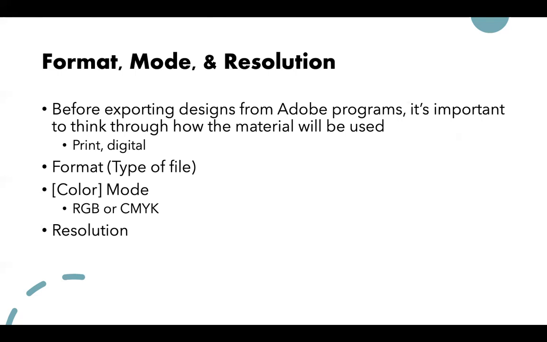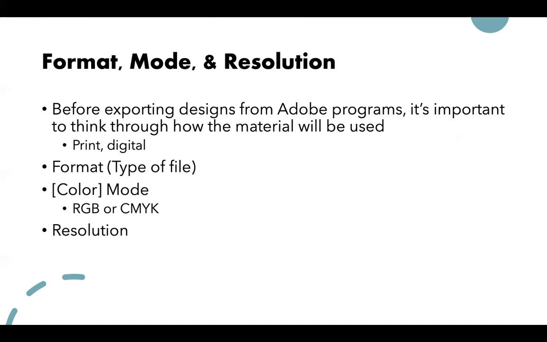You also have to think through the color mode that it needs to be in. And we'll talk about the scenarios that you're going to use those in, but I just want you to know really quickly, RGB, that's red, green, and blue. CMYK is cyan, magenta, yellow, and then K actually stands for black.